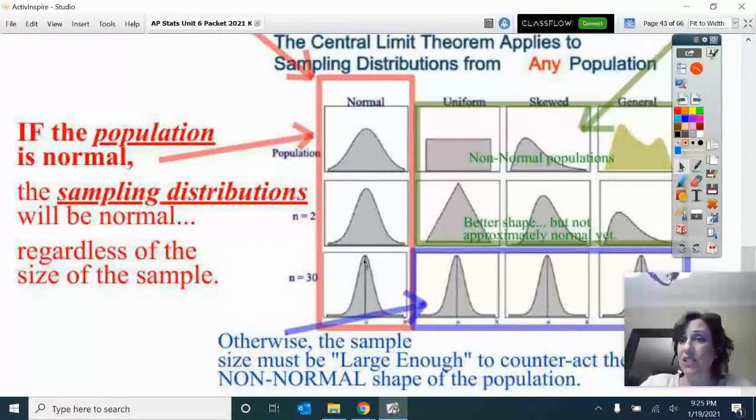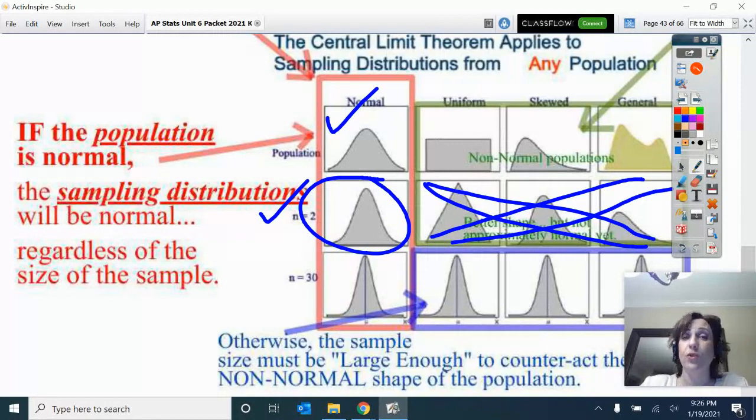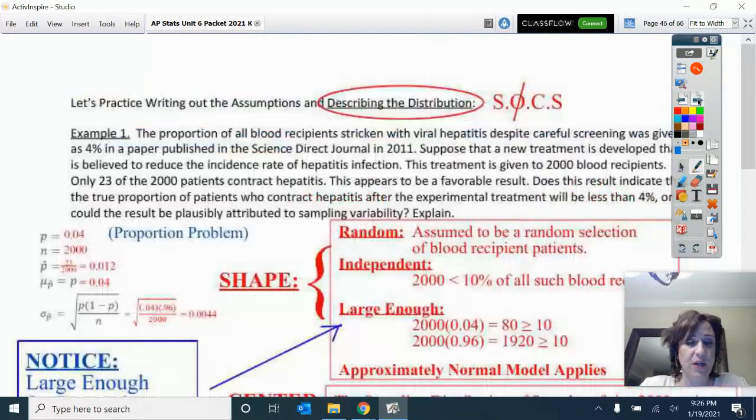But this is the one case in which it is okay to be a small sample and you can do normal model math. It's because we were told that the population was normal. These small samples, it's not safe to do normal model math with those. So we know the population is normal, so anything that comes out of it, we can do normal model math with. So here we go.